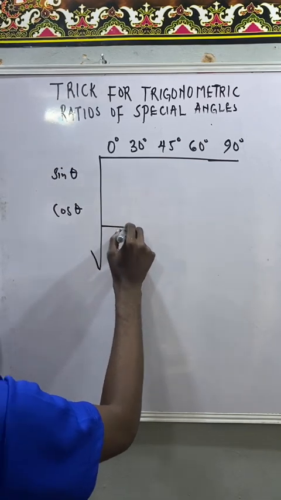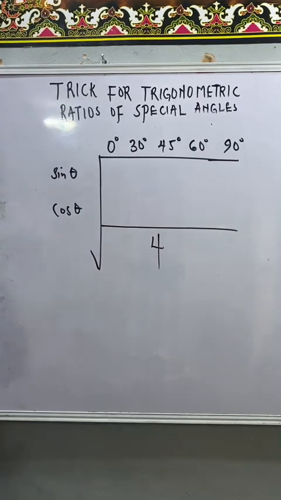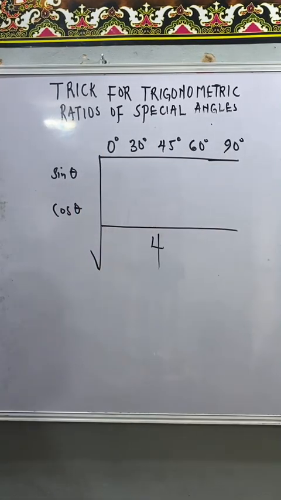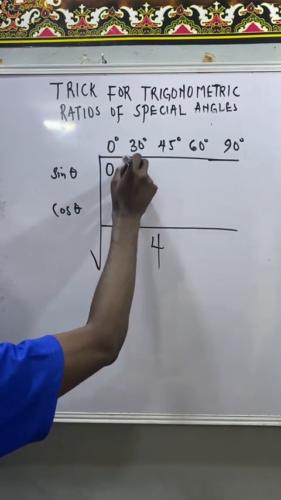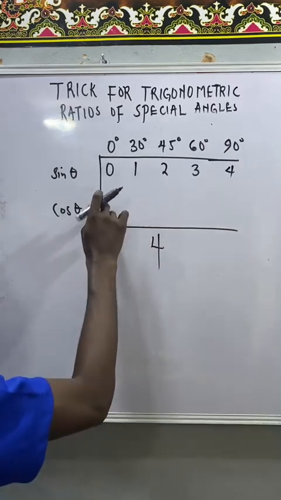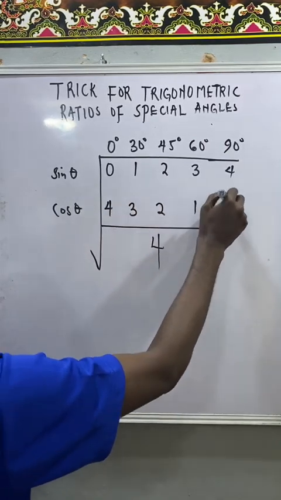Before I get to the bottom, I'm going to put 4 under. You can see that this square root covers everything in this case. Now, I will start counting numbers from 0, 1, 2, 3, 4. Then I will start this one from 4, 3, 2, 1, 0.